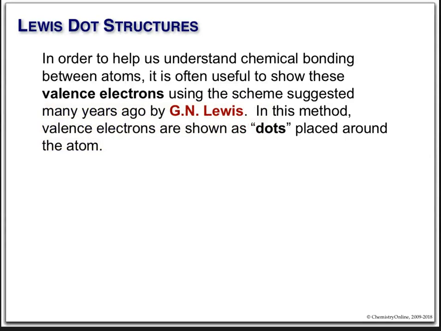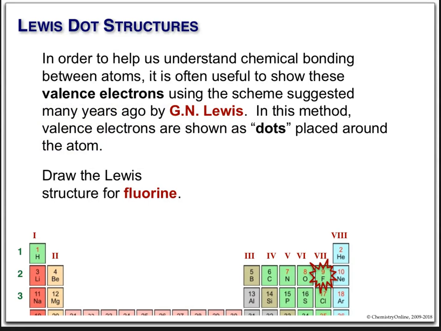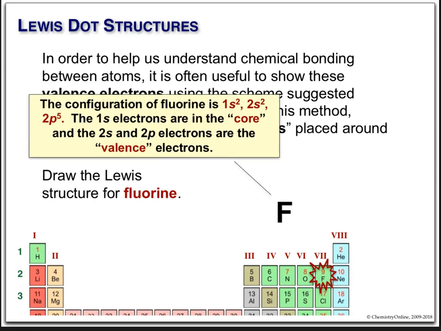Let's look at fluorine. Fluorine is an F right here. There's our symbol. It's going to have 1, 2, 3, 4, 5, 6, 7 valence electrons. We put these in one at a time. Then we start to pair them.